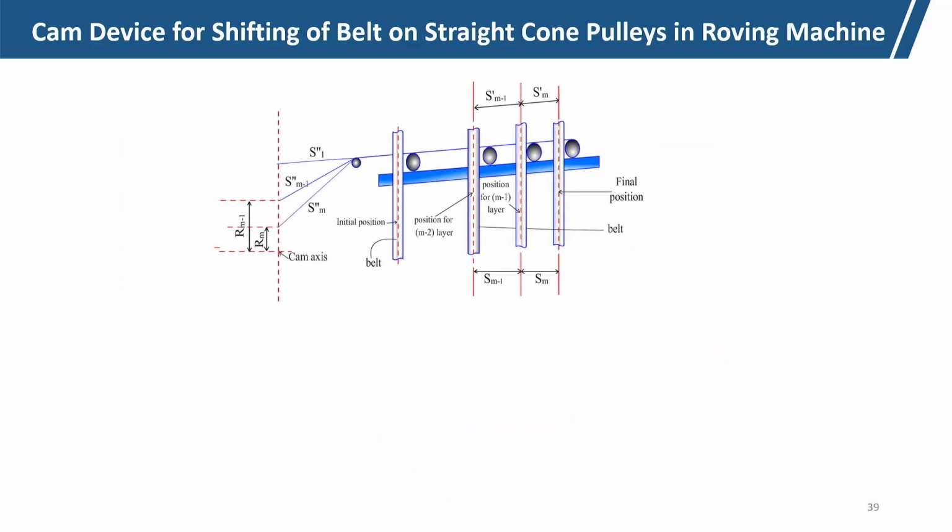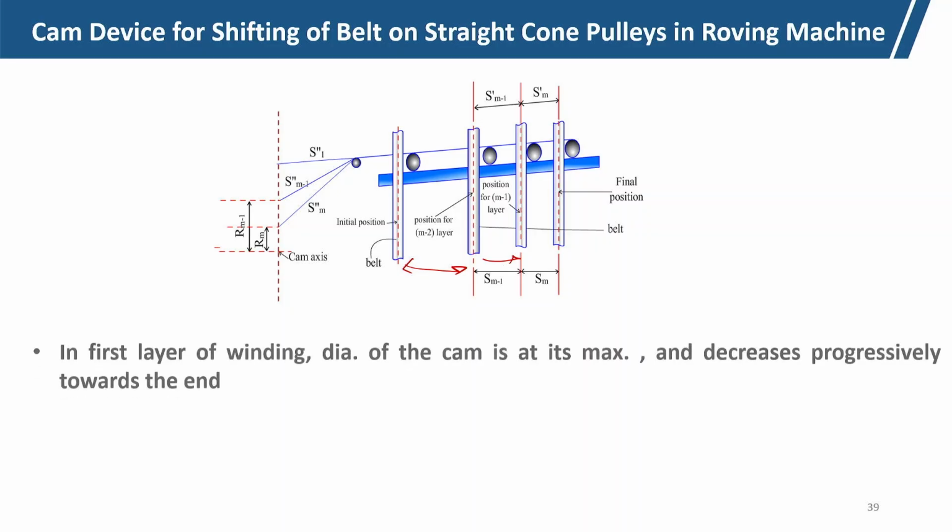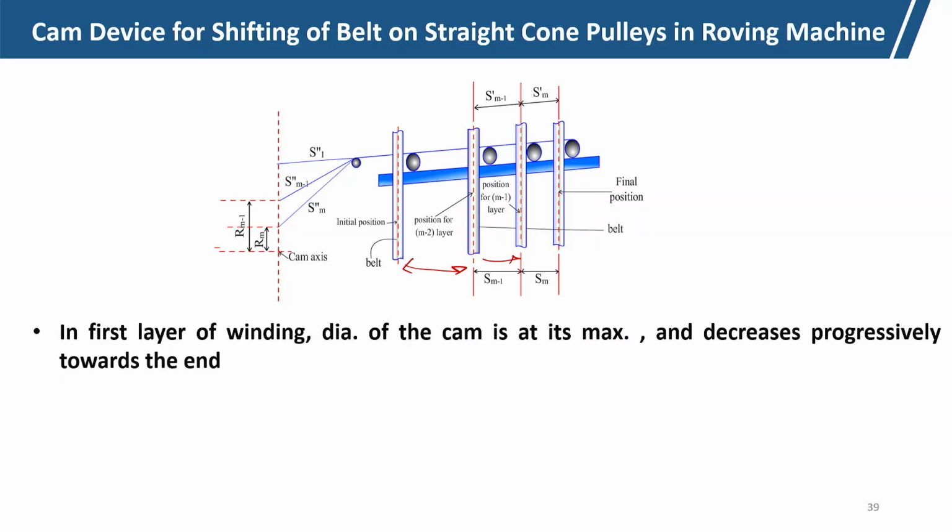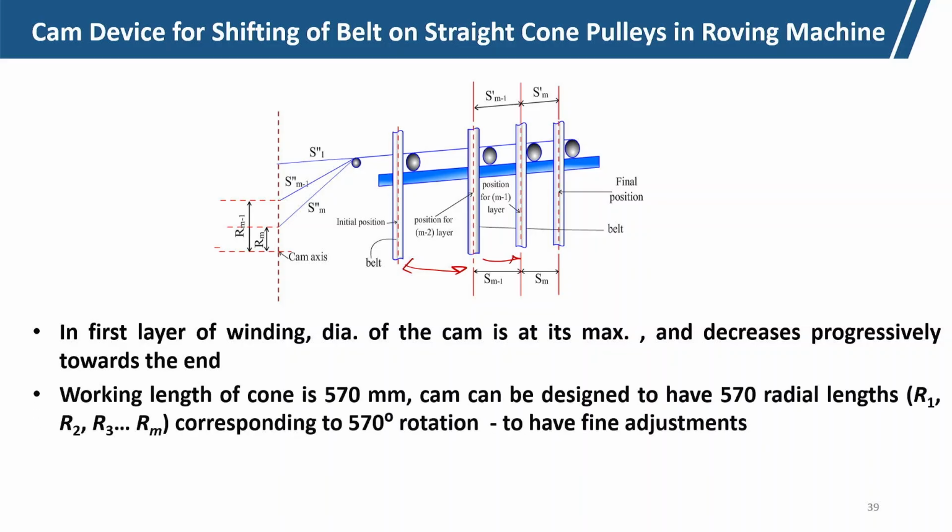Now, we can see this is the system here. Initially, for different layers the shifting is there. In the first layer of winding, the diameter of cam is the maximum and decreases progressively towards the end, that we have already discussed. The working length of the cone is 570 millimeter and the cam can be designed to have 570 radial length.